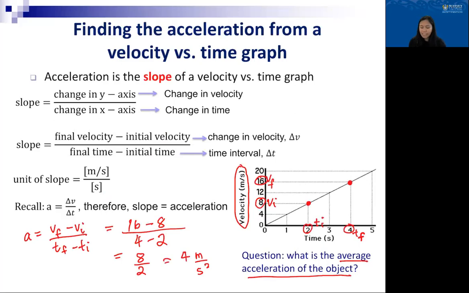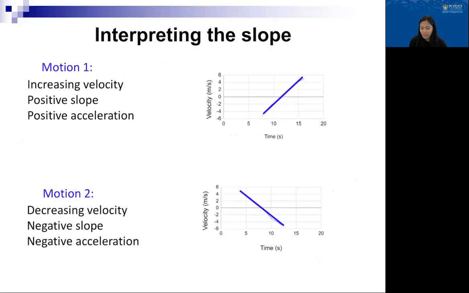Right, so you can get any 2 points along the line. If, for example, you consider this point, which is actually easier because you're referencing that with 0, you can also get 4 meters per second squared for your acceleration. So you can consider any 2 points along the line if you have a straight line like this. Okay. It's the same interpretation that we did for the position time graph.